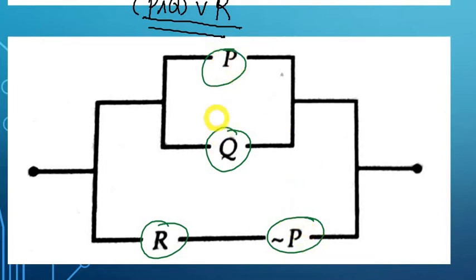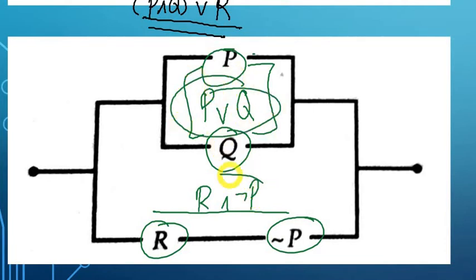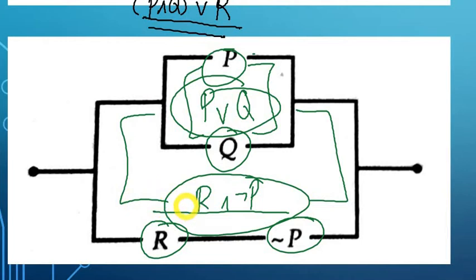So we have P and Q connected by a parallel, as you can see. So therefore, we can say that this is P or Q. We have another one here. They are connected straight. So we can say that this is R and not P. But these two, as you can see, are further connected by another parallel network.